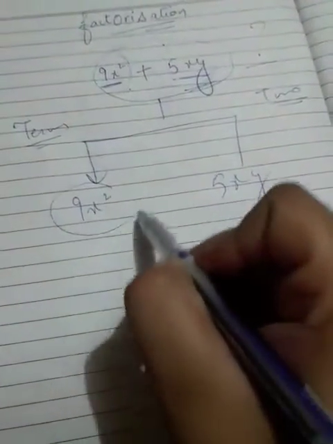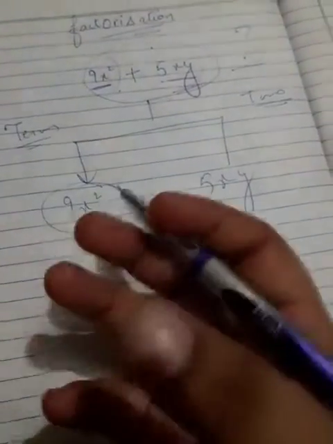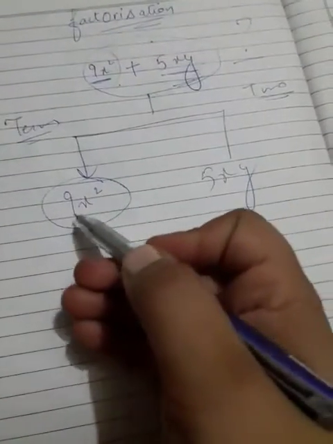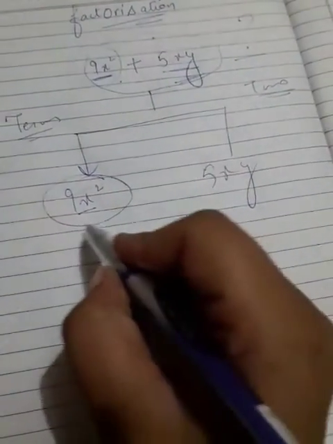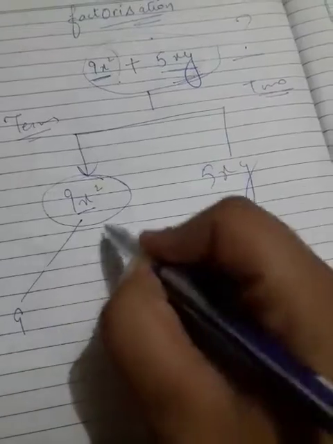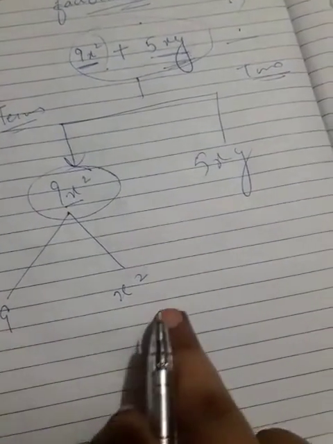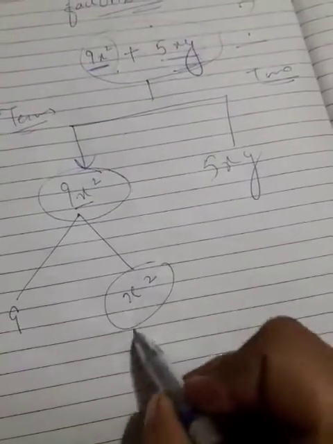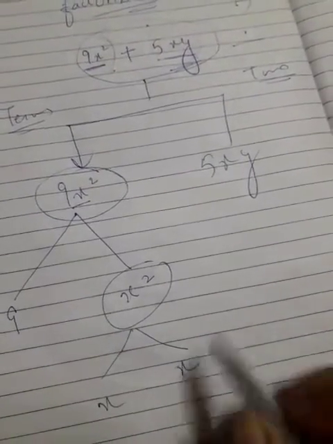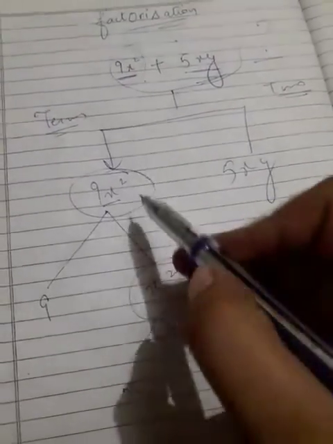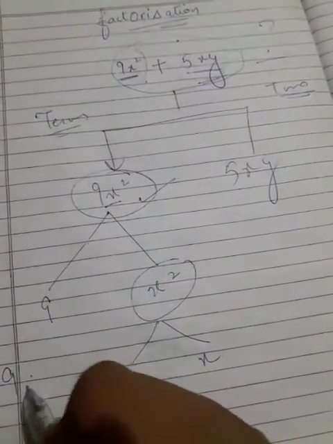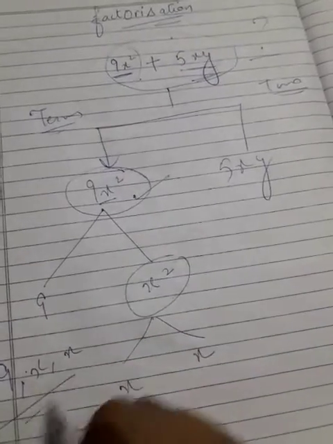Clear? Now see beta, what are the factors of 9x square? It will be divided into 9 and x square, and this x square will further be divided into x and x. So we can say simply the factors of 9x square are 9, x, x.